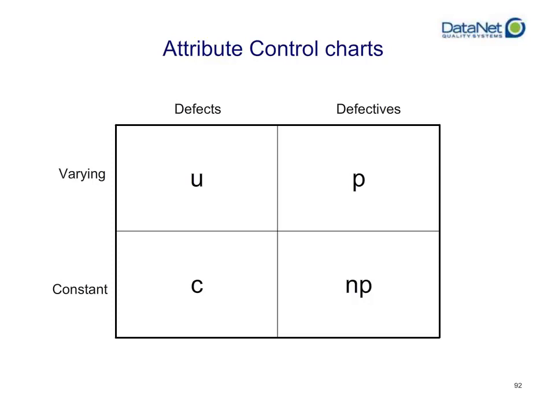There are two basic ways that you count attributes. You either count defects that are present on some amount that you're measuring, or you count defective units. There are fundamental differences between counting defects and counting defective units, and therefore you have different control charts.